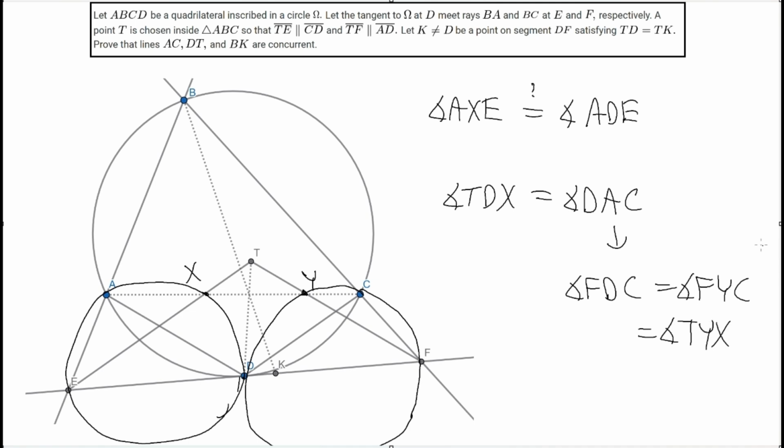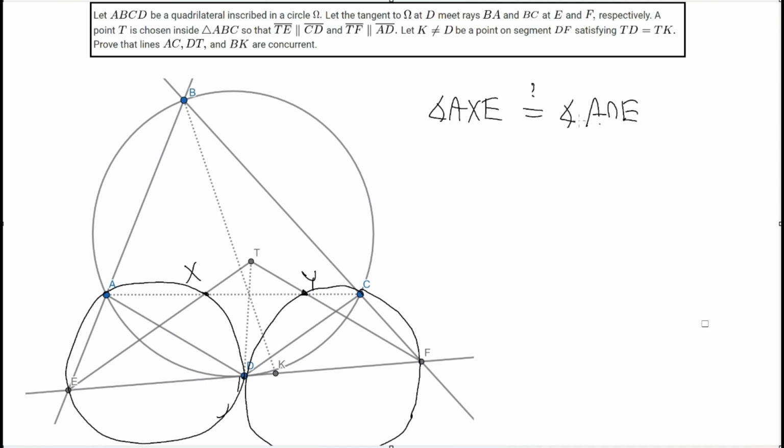So we need to prove that angle TDX is equal to angle TYX. In other words, we need to prove that TXDY is cyclic.